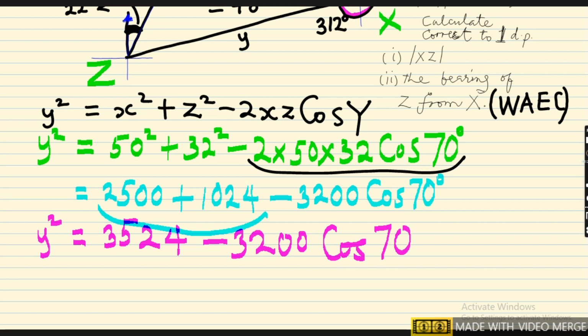You can compute all these together at once and you get 2429.5355 and so on. I choose to write more decimal places.